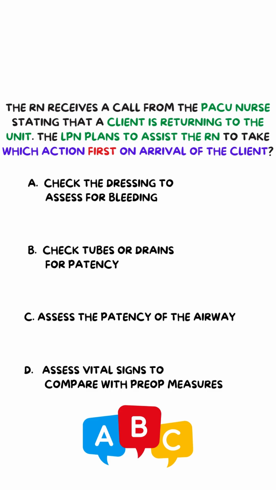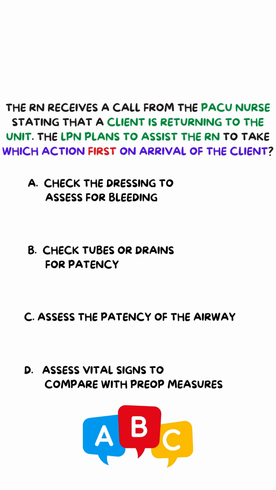All of those things really need to be done. So we can't eliminate any options saying that it does not apply, but it's asking about which action first. So that means we need to prioritize all of these actions. Since all of them can be done, which one are we going to do first?